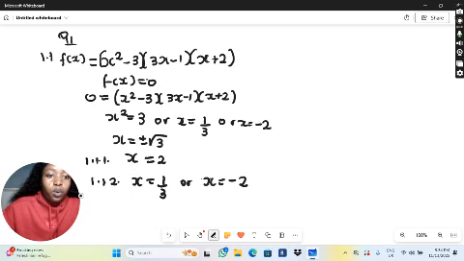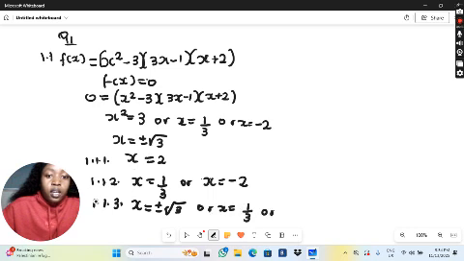So for 1.1.3, we ask if x is a real number. So all these numbers are real numbers. I'm sure you guys can remember that from your classes, being taught what numbers. x is equal to 1 over 3 or to negative 2, right?